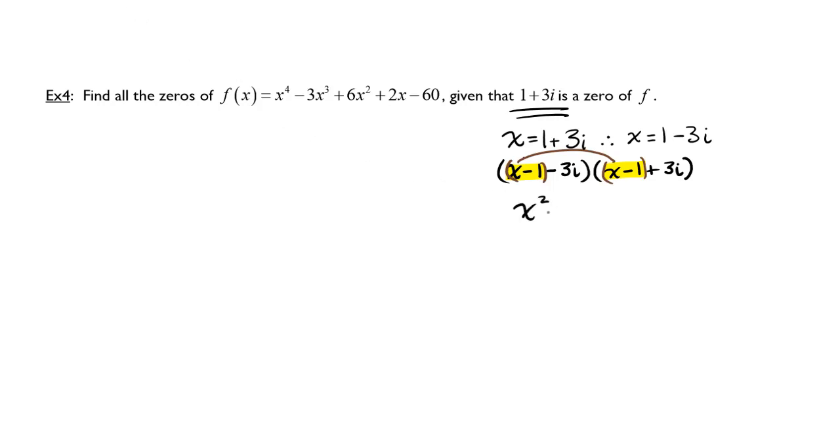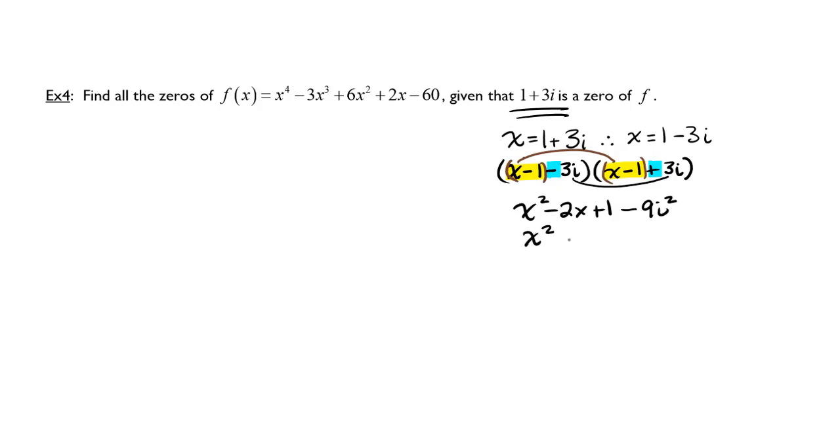That will give me x squared minus 2x plus 1. And then the inner and the outer will add to 0 because of the plus and minus signs here. And so my last term will be a minus 9i squared.